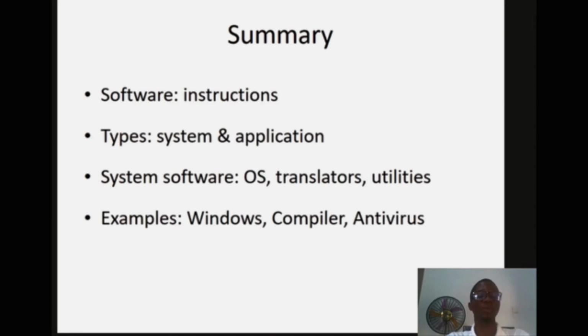Then we talked about the types, where we said we have the system software and the application software. For the system software, we talked about the types: the operating system, the translators, and the utility programs. For examples, we mentioned Windows as the operating system, compilers for the translator, and for the utility, antivirus and other applications.